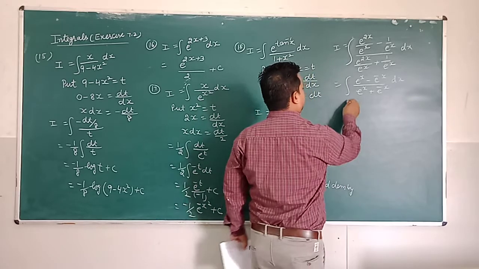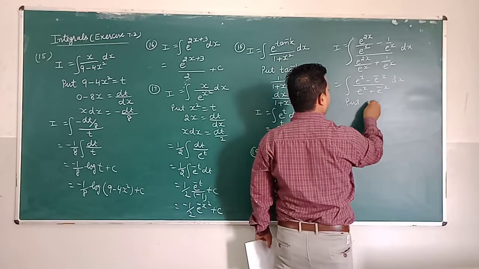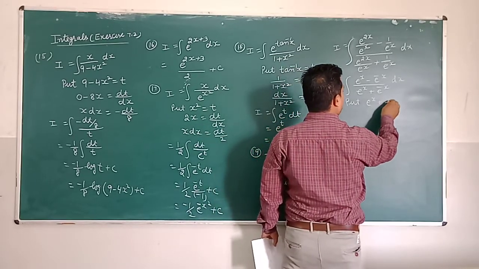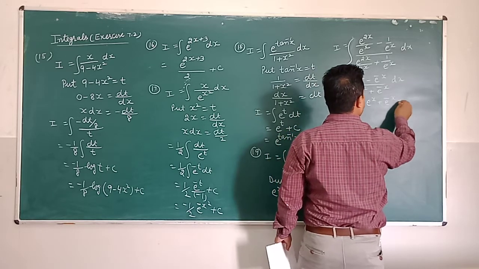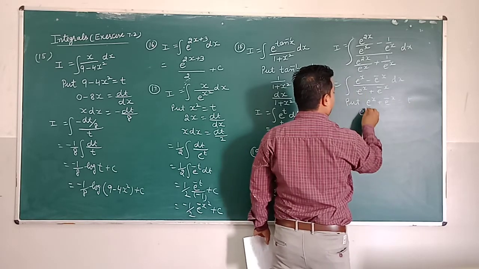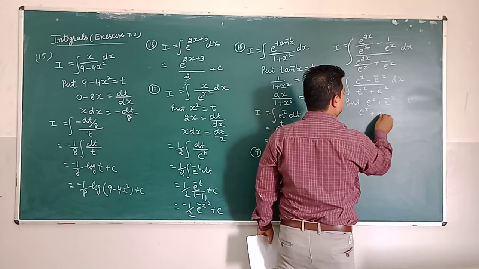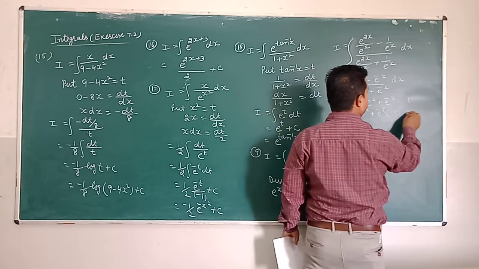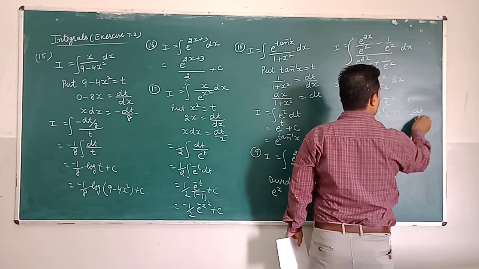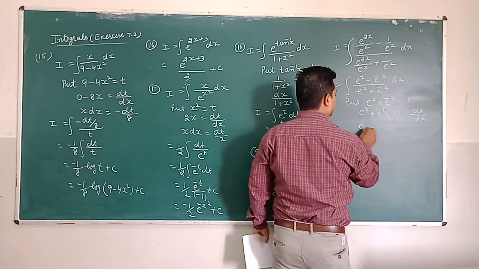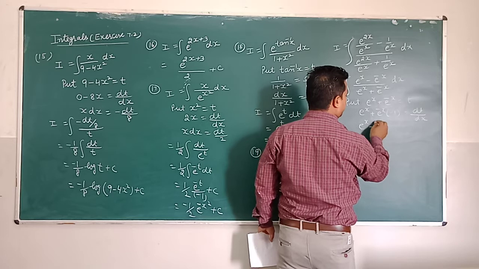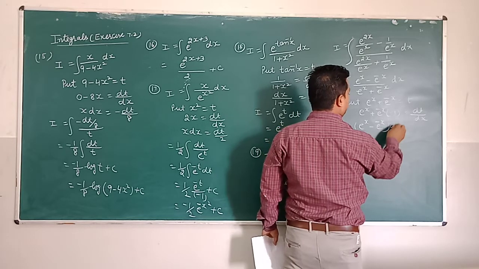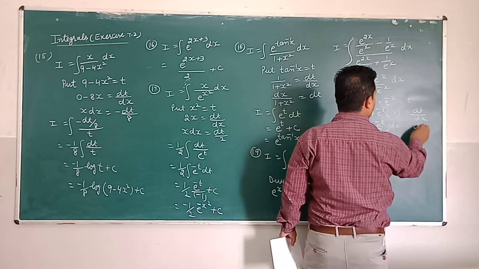Here we put the new denominator e power x plus e power minus x equals t. When we differentiate this with respect to x, the derivative is e power x minus e power minus x, so e power x minus e power minus x dx equals dt.